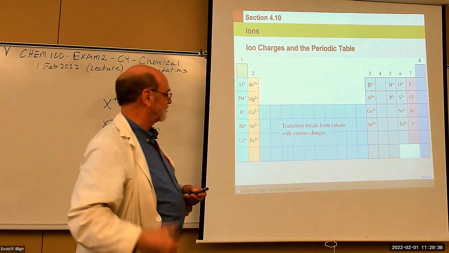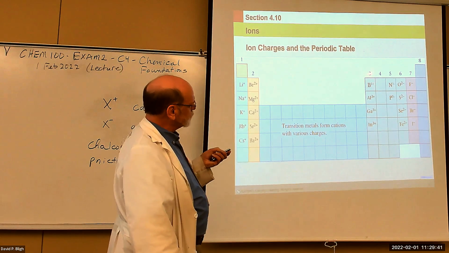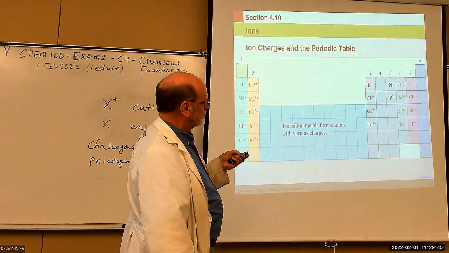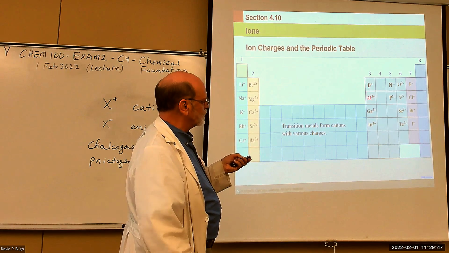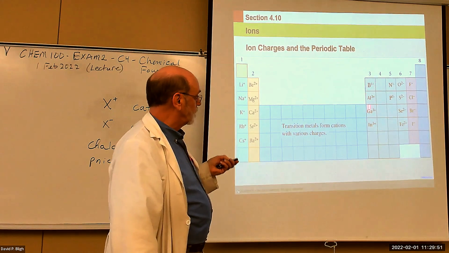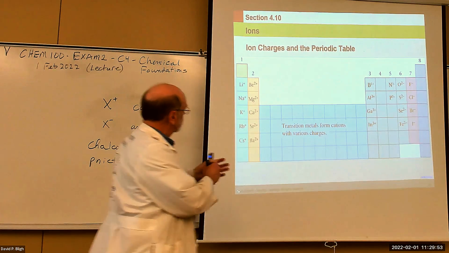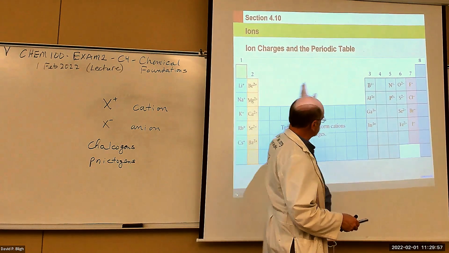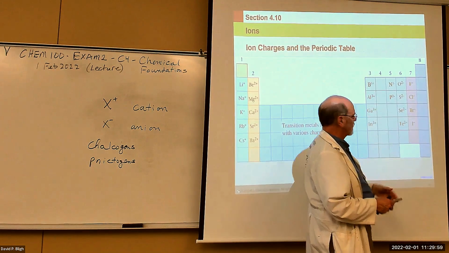Okay? And then this group doesn't have a name, but it starts with boron as a 3+, then aluminum's 3+, gallium 3+, indium 3+. That group is like this one, +1, +2, and then you skip the transitions and go up here, +3.